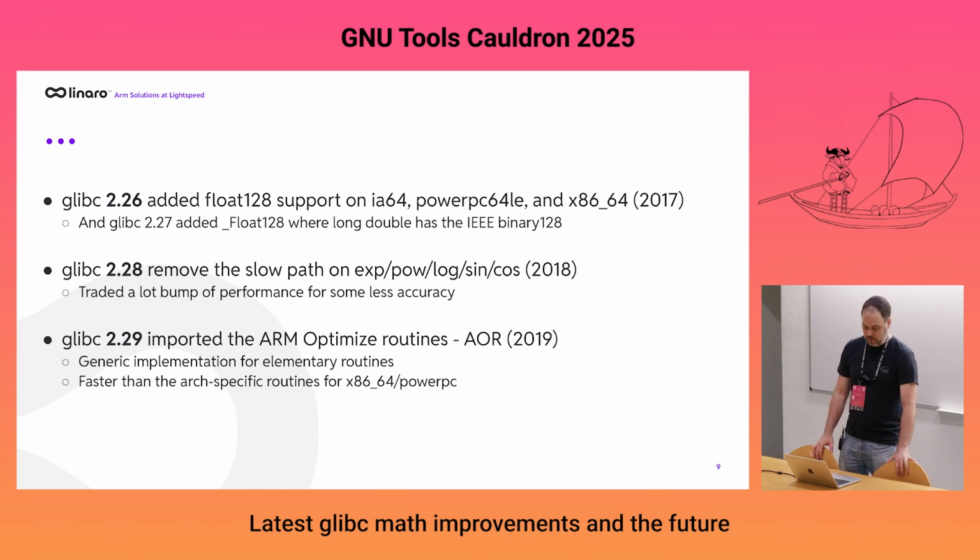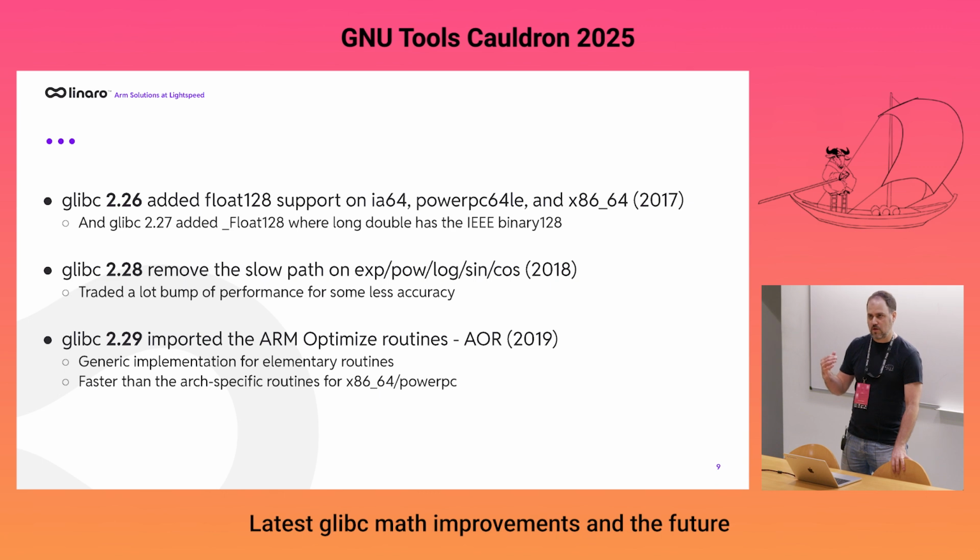And in 2.29 we imported another project from ARM, named ARM Optimized Routines. The ARM Optimized Routines was a kind of different project because instead of doing ARM optimized routines for the ARM chips, what they did is implement generic functions using C code that was targeting new CPU features.